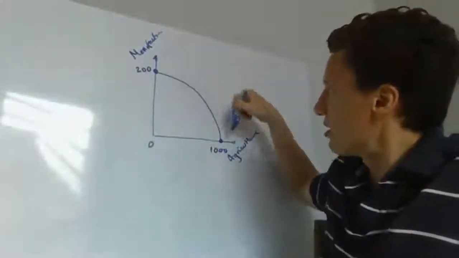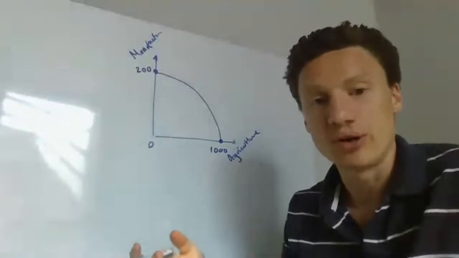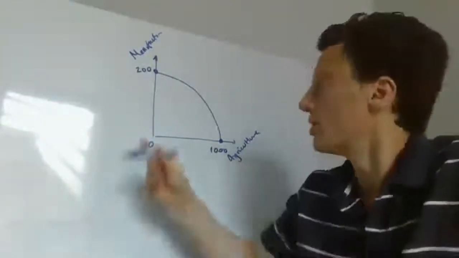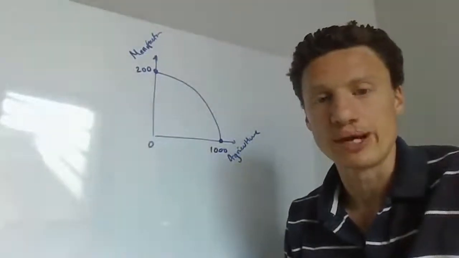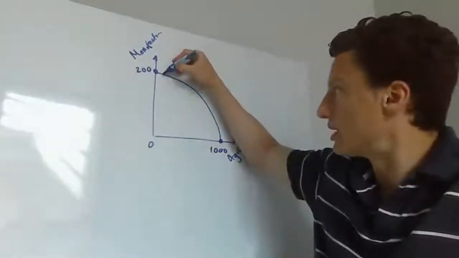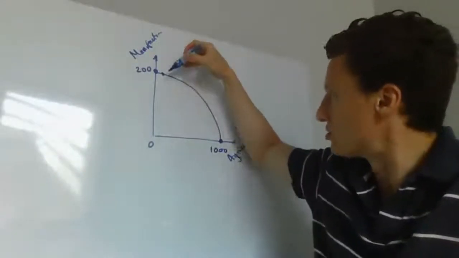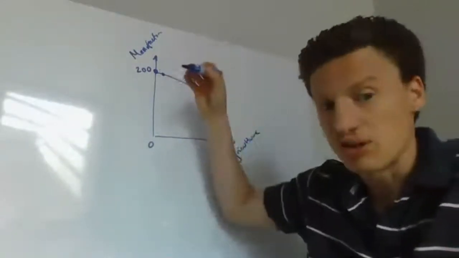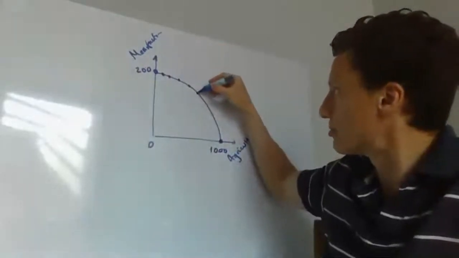And then this line is essentially saying there's an infinite number of different combinations of manufacturing goods to agricultural goods that this economy could make with its scarce resources. So it could be here, something like 100 agricultural goods and 190 manufacturing goods. It could be here, here, here, here.